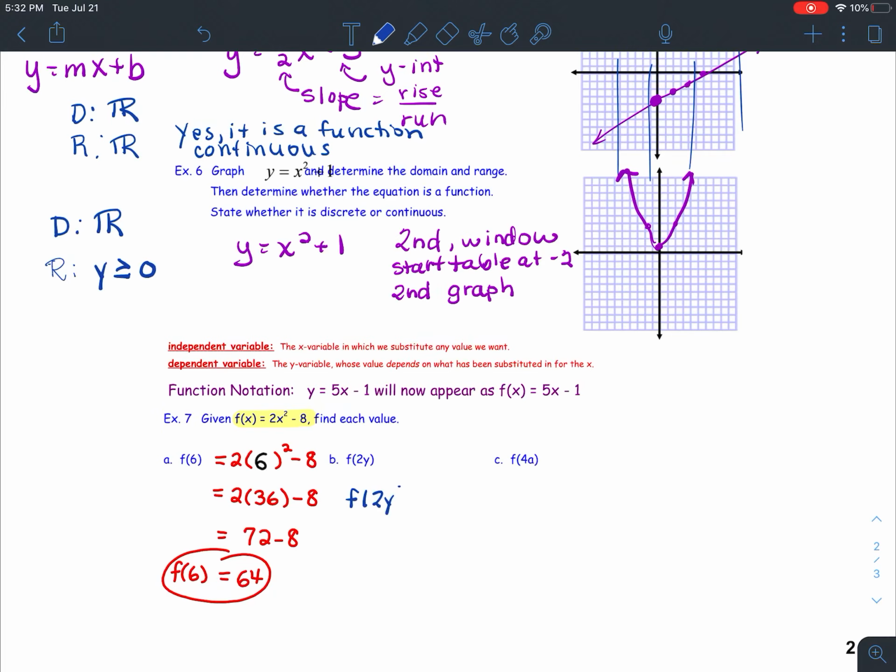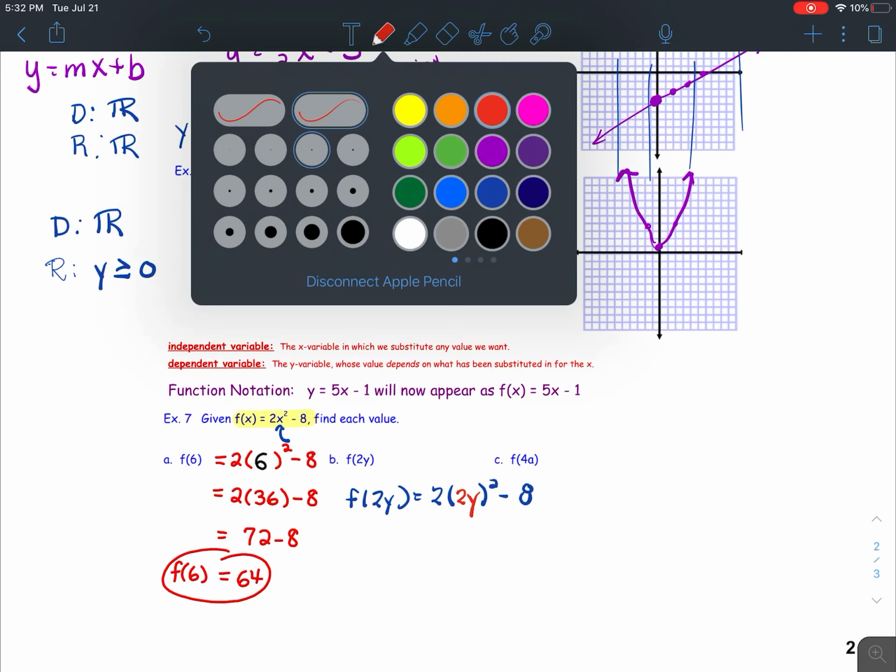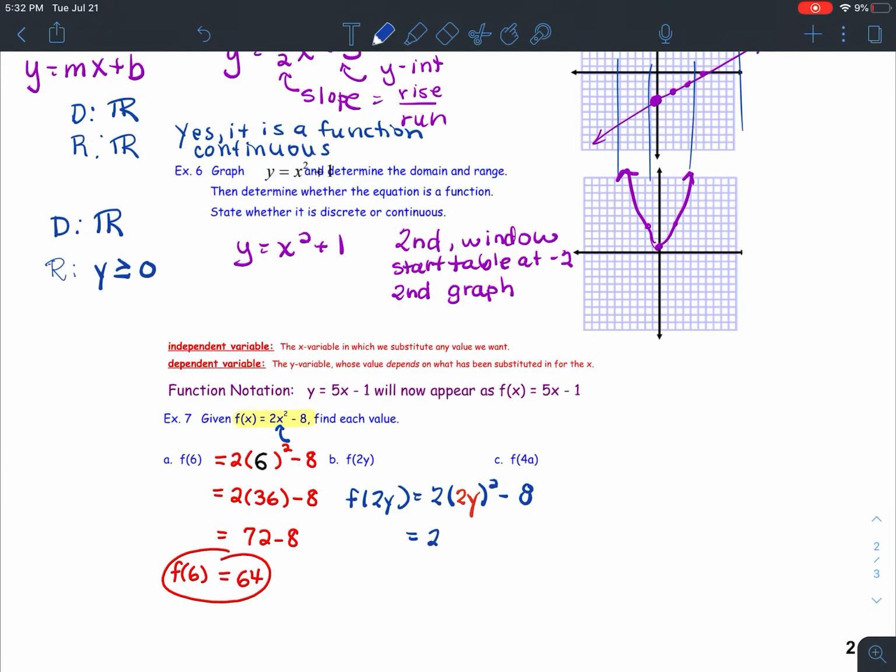F of 2y is asking you, for every place you see an x in the equation, which is right here where the x squared is, to substitute a 2y in its place. Order of operations says we always do exponents first, so 2y squared becomes 4y squared. Then we multiply the 2 and the 4 together, and we discover that f of 2y equals 8y squared minus 8.